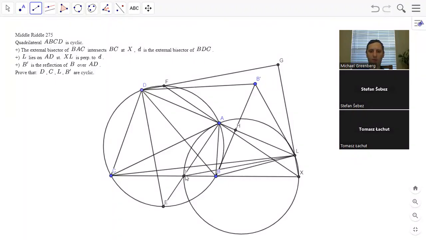Interesting. Maybe that gives similar triangles. I don't know.